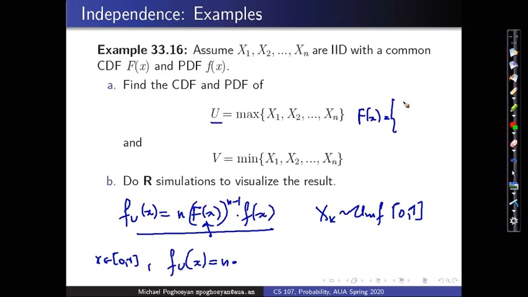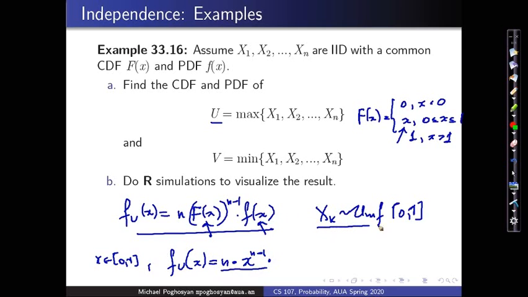It is equal to 0 if x is less than 0, x if x is between 0 and 1, and 1 if x is larger than 1. So if x is between 0 and 1, this will be x. I will have x to the n minus 1 times the PDF of uniform, and the PDF of uniform is 1. So I will have this just.